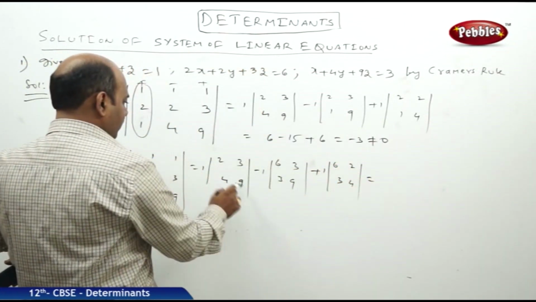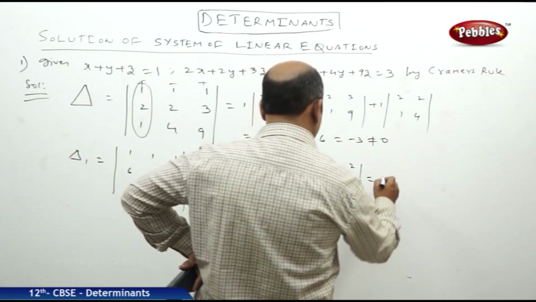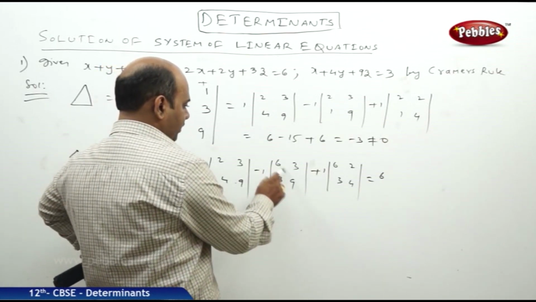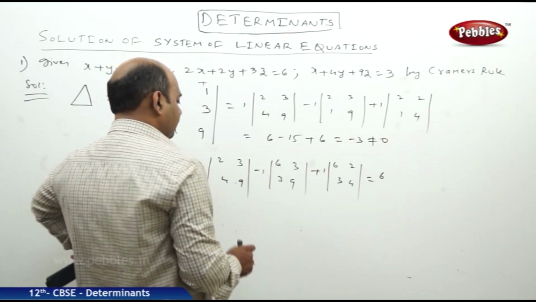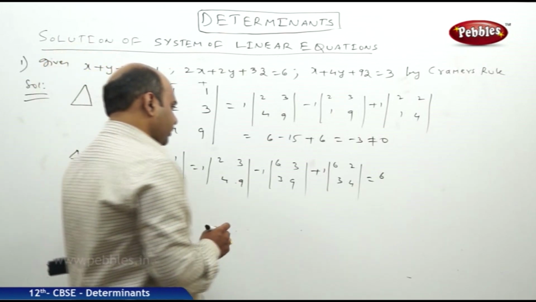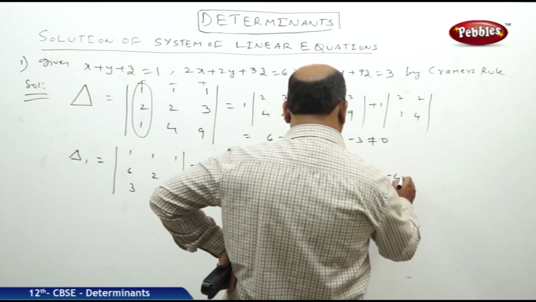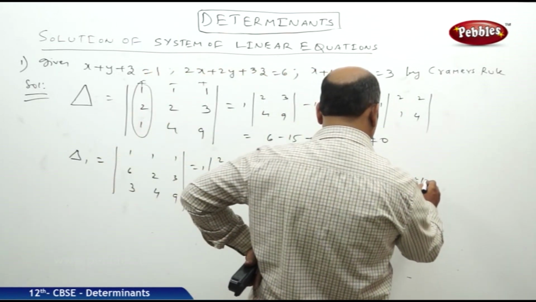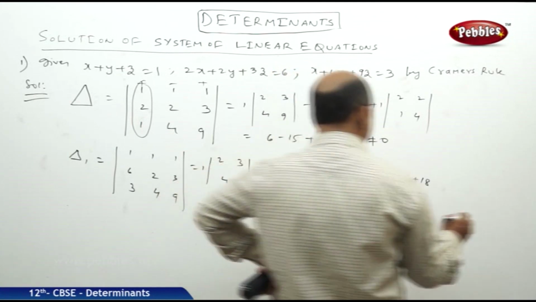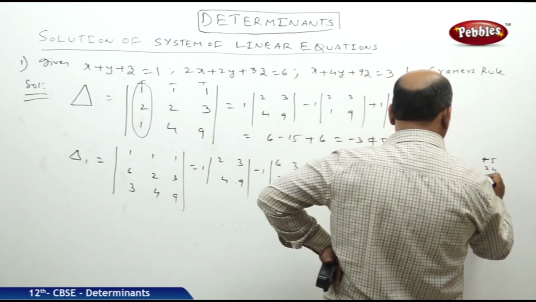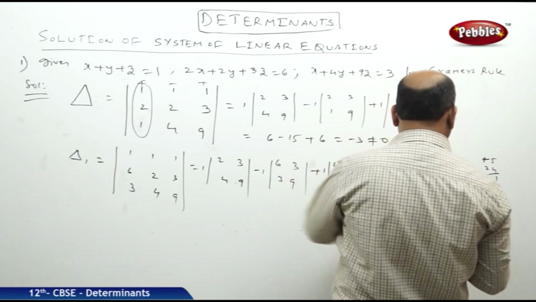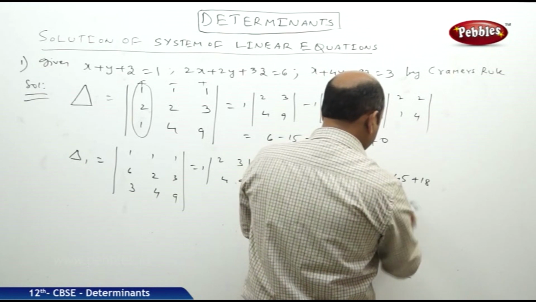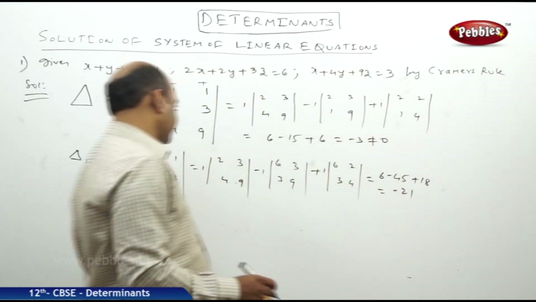So 18 minus 12 is 6, 54 minus 9 is 45 because the minus 1 is there, and 24 minus 6 is 18. So 18 plus 6 is 24. So 6 minus 45 plus 24 gives minus 21. So this will be minus 21.